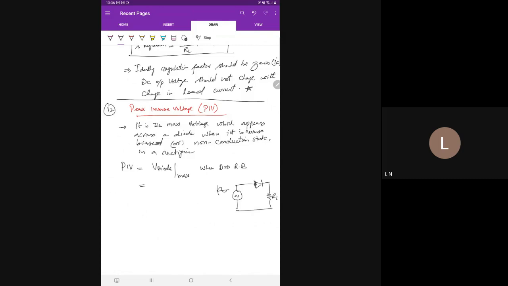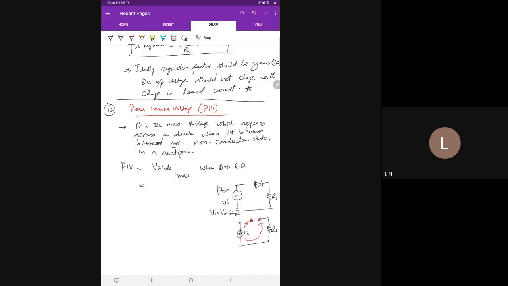This makes a half-wave rectifier, and this is V input, equal to Vm sine of alpha. When the diode is reverse biased, it will be an open circuit, so all the V input present here will be applied between these 2 points.